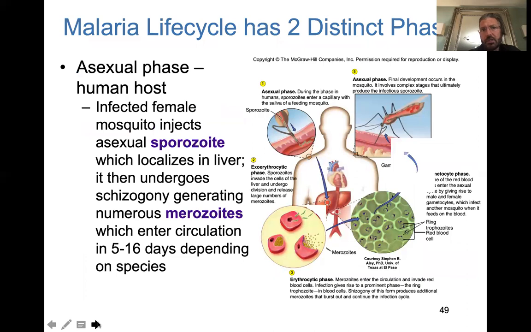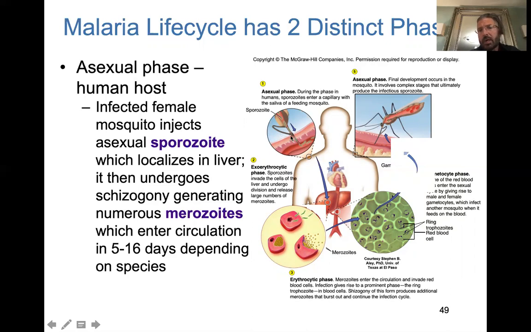Right. So malaria has 2 distinct phases, so just keep this in the back of your mind. The asexual phase is in the human host. The infected female mosquito injects sporozoites, right, which localize to the liver, then undergo schizogony, generating numerous merozoites, which enter circulation in 5 to 16 days, depending on the species.